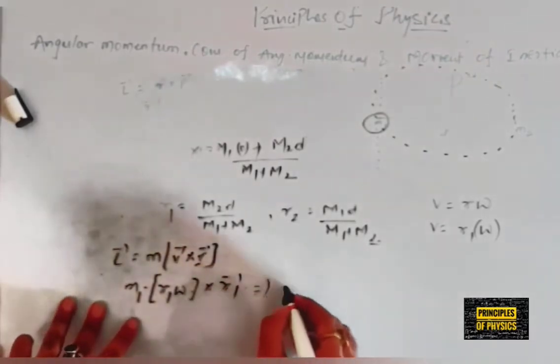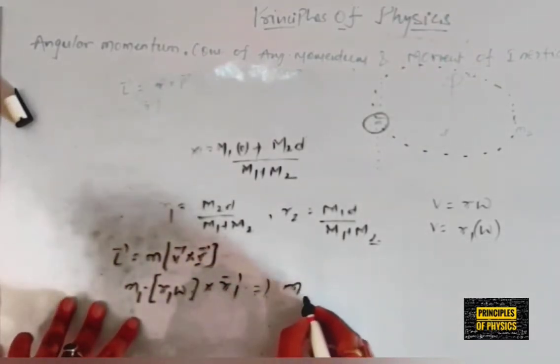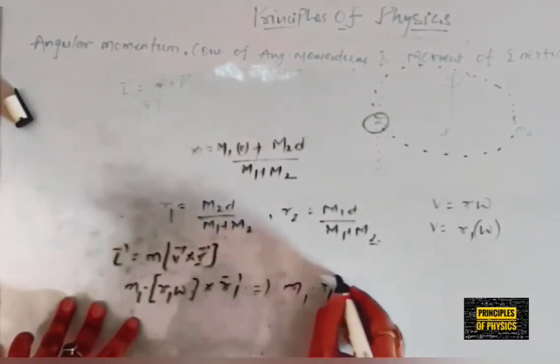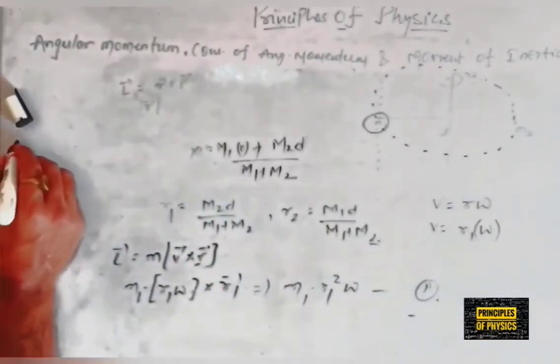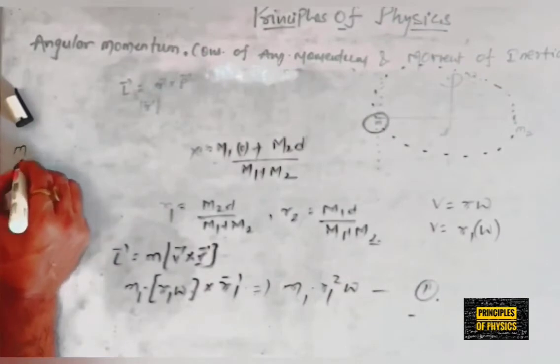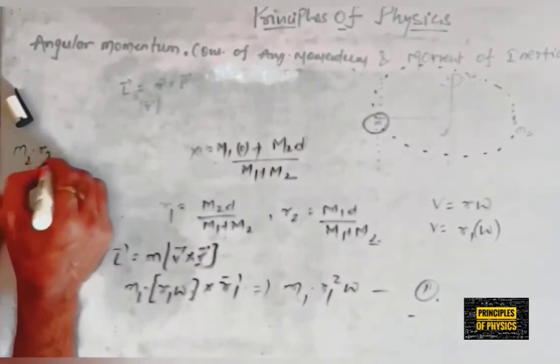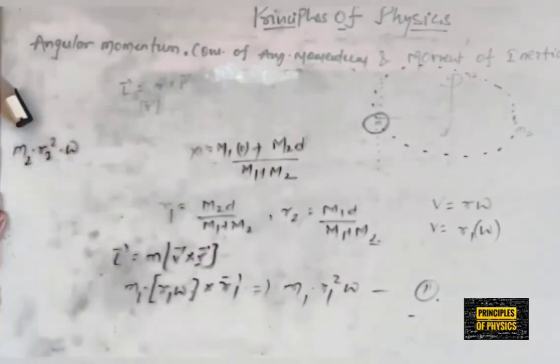So we get m1 r1 square omega for the first particle. Similarly, for the second particle we will get m2 into r2 square omega.